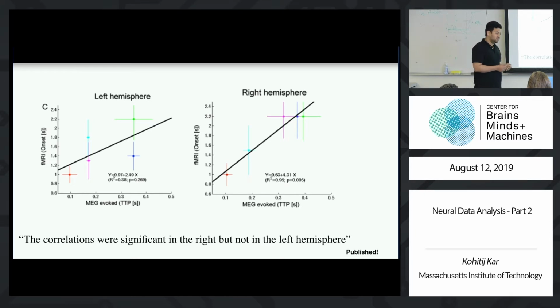To make that inference, you need to understand what the noise level was in the right hemisphere measurements versus the left hemisphere measurements. Oftentimes you will see, even if you read this paper accidentally, that these were not done correctly. The inferences were far-fetched and not supported by the kind of analysis that was done.